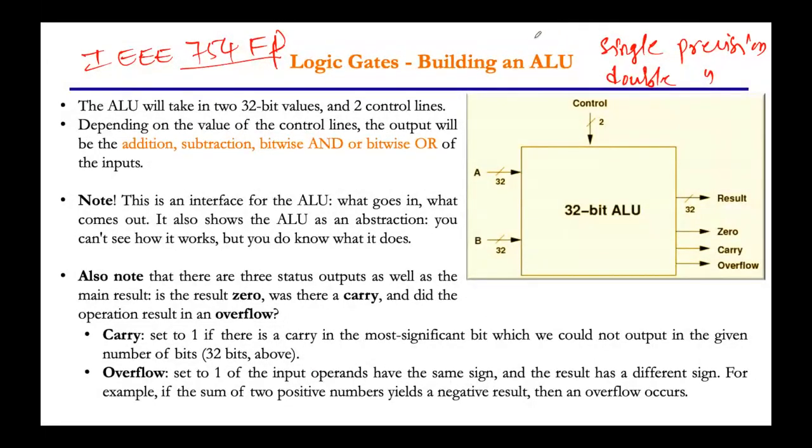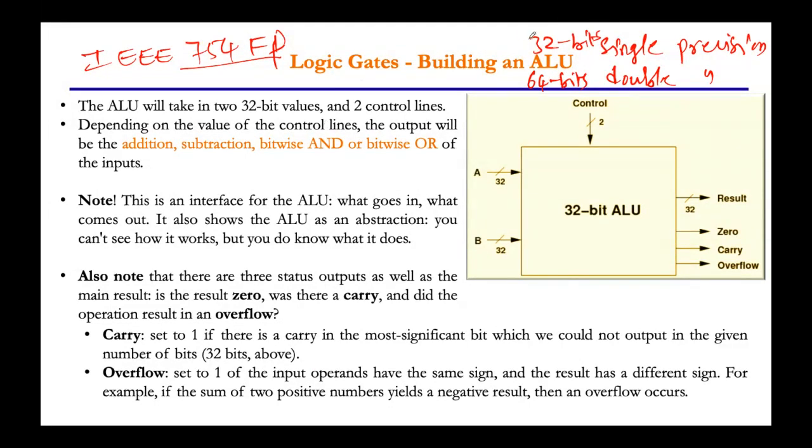Single precision uses 32 bits representation, and double precision means 64 bits representation of your floating point.